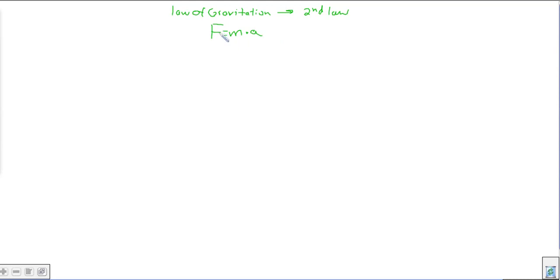Once Newton isolated this equation, force equals mass times acceleration, he used that as the base for all his other equations, most specifically all of his stuff relating to gravitation and planet movement and all that.